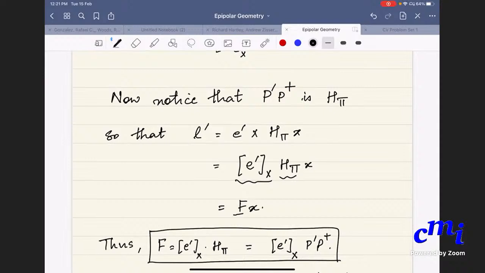You can either think of it like this, or in terms of the camera matrices, it is E prime cross P prime times the pseudo inverse P plus.